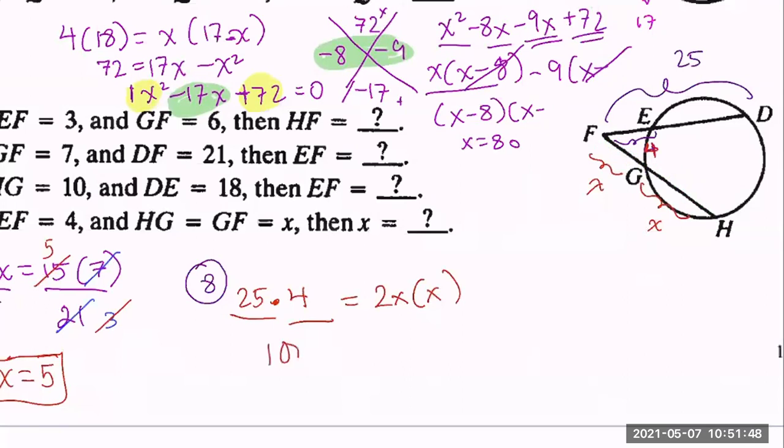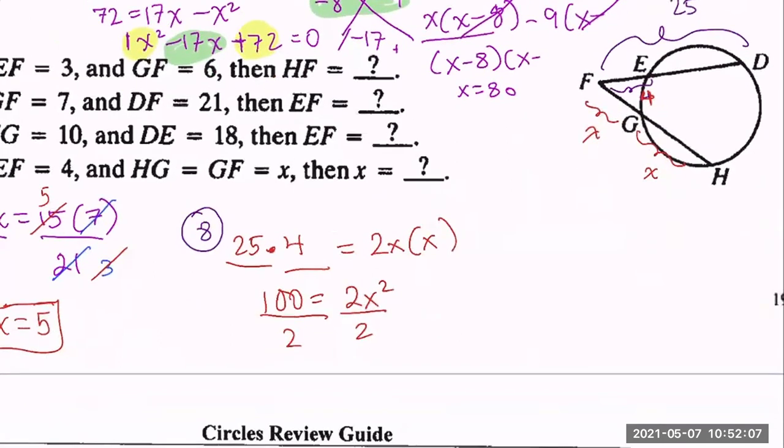Okay, so we get 100 on the left. You guys got 2x squared here. The first way you guys learned how to solve quadratics before factoring was by square root method. And you can do that so long as you isolate x squared first. So if we don't have a bx term, the fastest way to solve this is isolate x squared. So you have x squared equals 50.